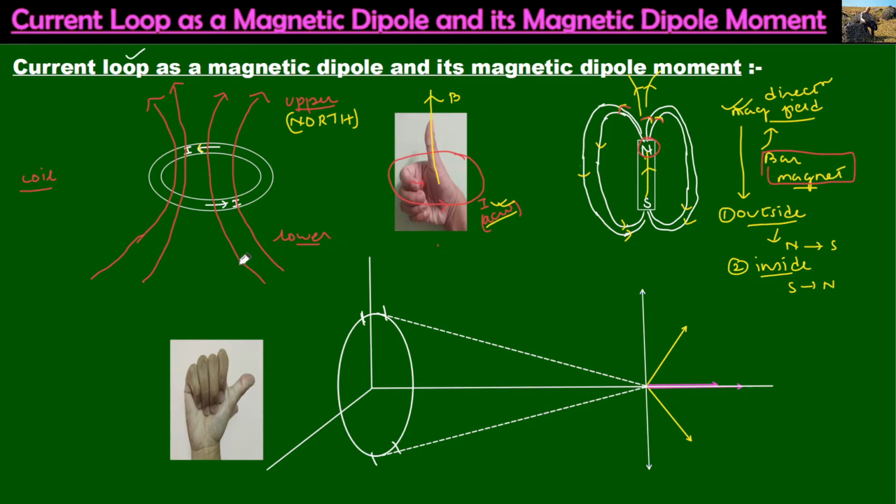And the lower part of the coil, where the current enters, is similar to the south pole of the bar magnet. So the upper portion of the coil will act as the north pole and the lower portion of the coil will behave as the south pole.